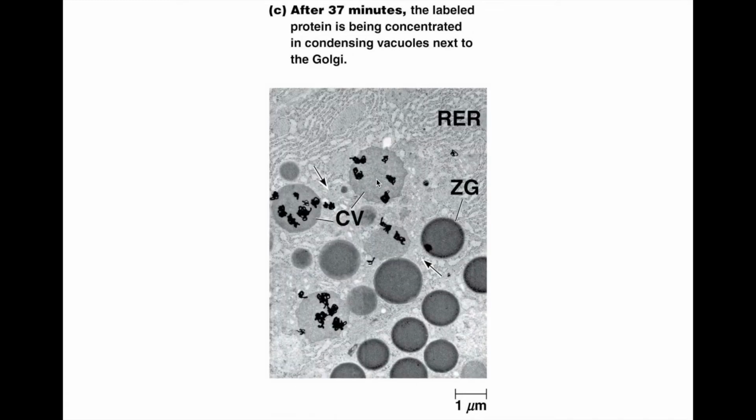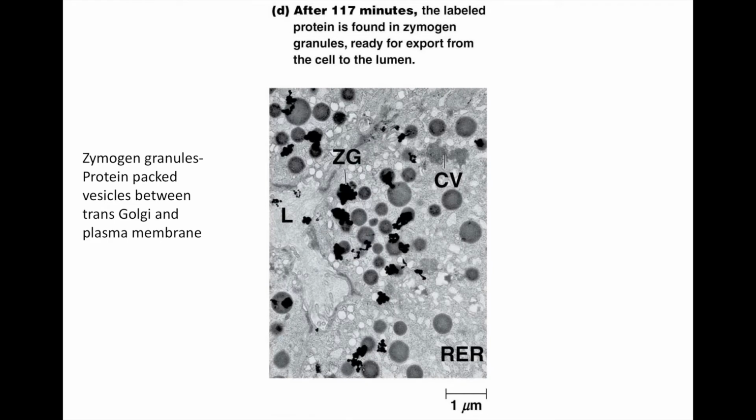And then after 37 minutes, it's moved out of the Golgi into these zymogen granules, which are the condensing vacuoles next to the Golgi on their way outside the cell. And then at 117 minutes, they're in the zymogen granules, in the vesicles that are going to be fusing with the plasma membrane and headed outside the cells.